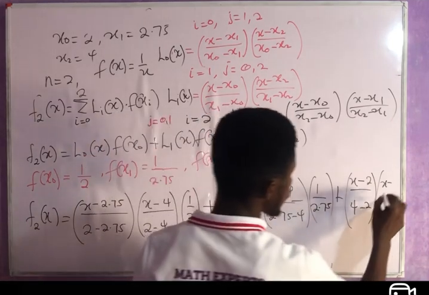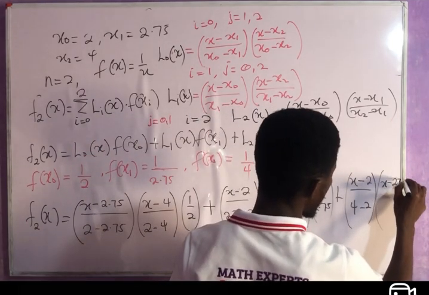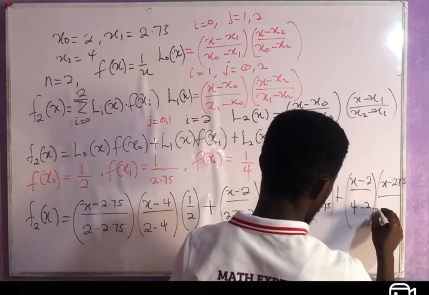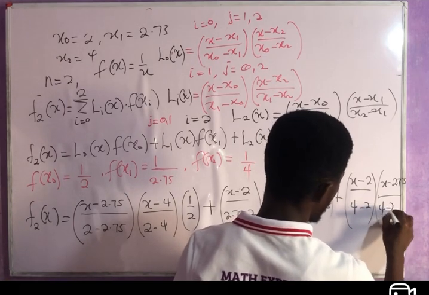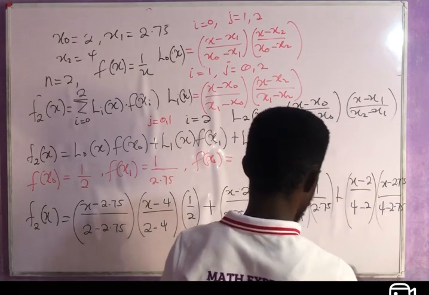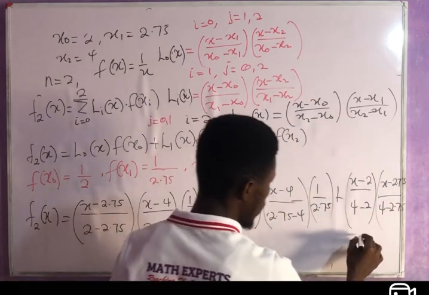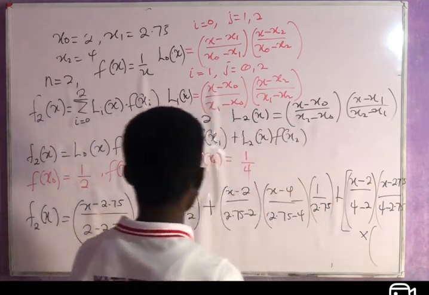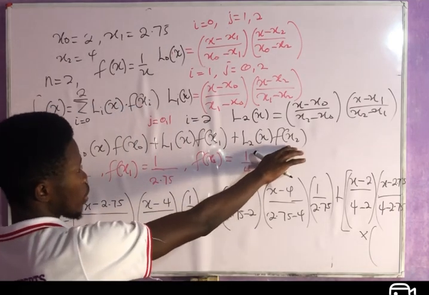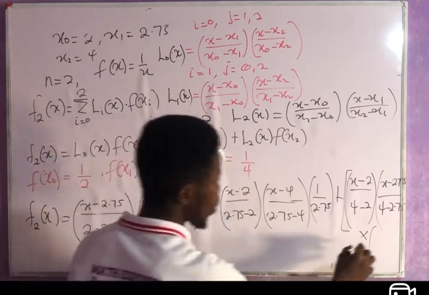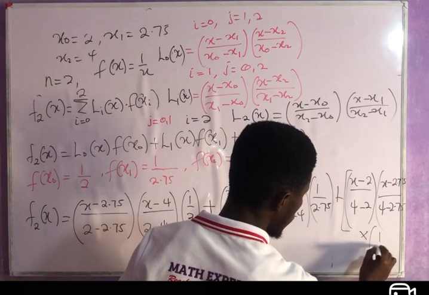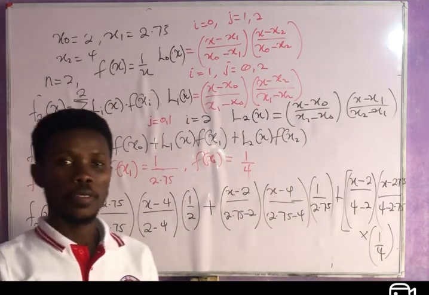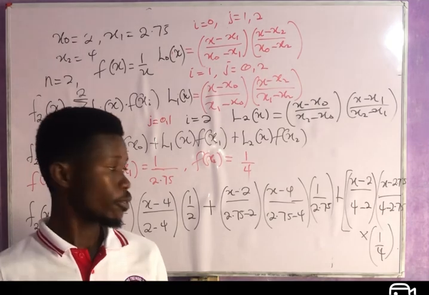Our x1 is 2.75 over 4 minus 2.75. And the whole of this is multiplying f of x2. That is 1 over 4. Is that okay? That is what we have.